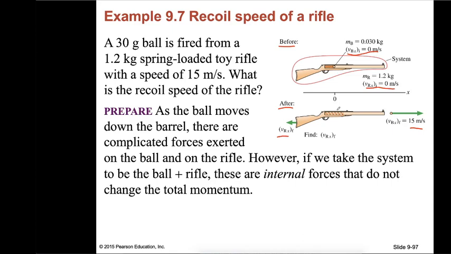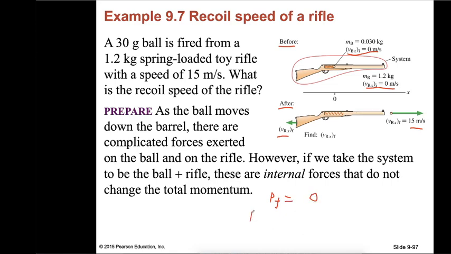That's very similar to a push between Sandra and Davy. Initial momentum is zero, and the final momentum should also be zero because there are no external forces. Then we use the same thing: P final equals P initial equals zero.